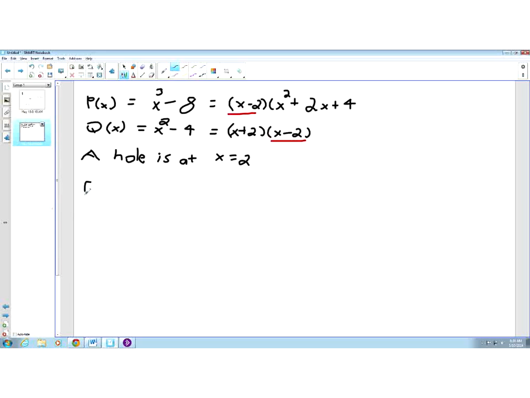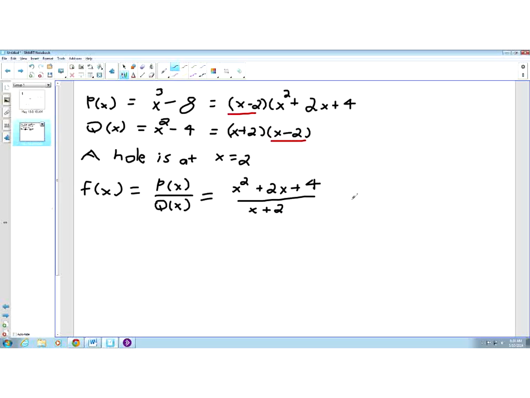So here's how we find the coordinates. F of x is equal to P of x divided by Q of x. And I'm going to go ahead and do the cancellation. After all the common factor cancellation, we'll have x squared plus 2x plus 4 divided by x plus 2.